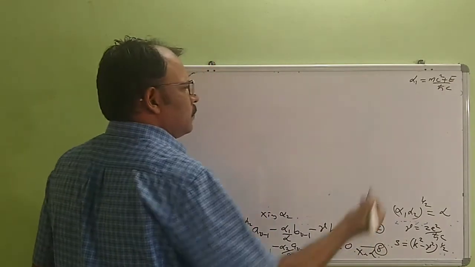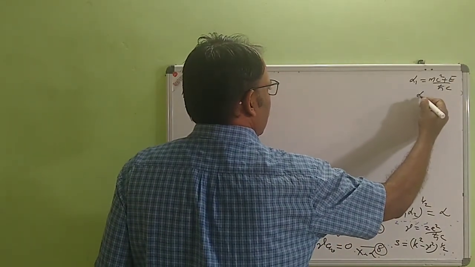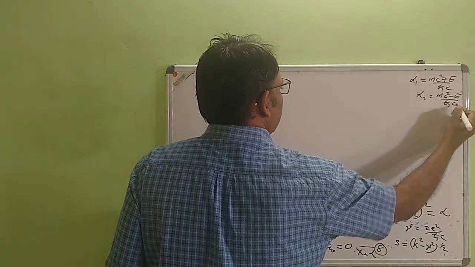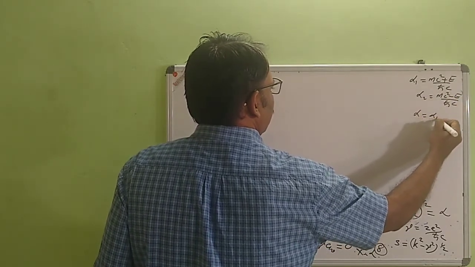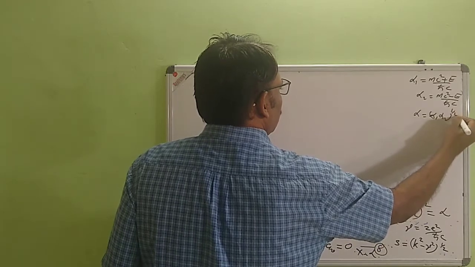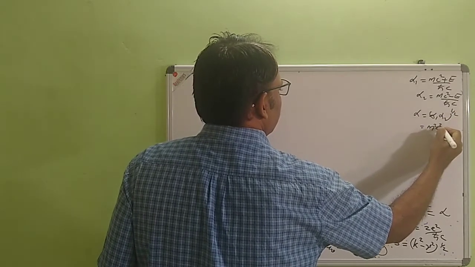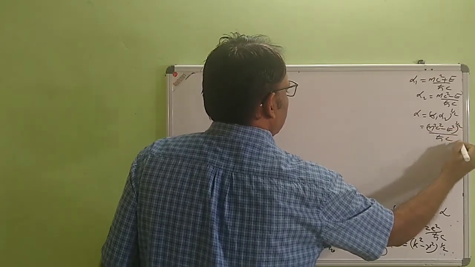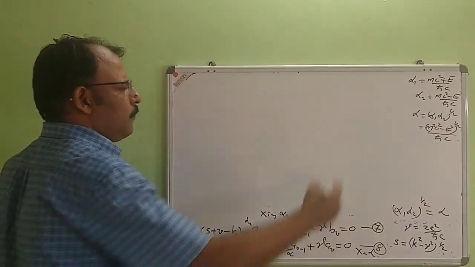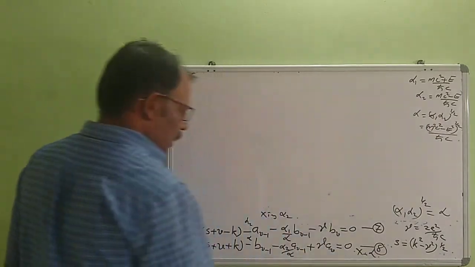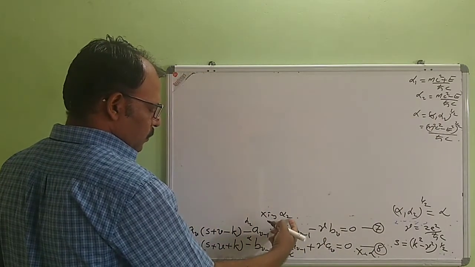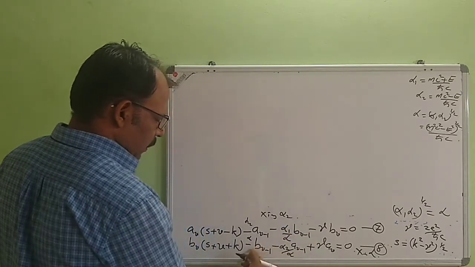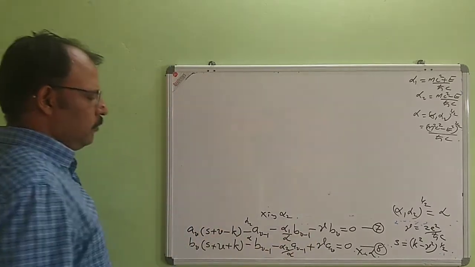Alpha 1 is MC square plus E by H bar C. Alpha 2 is MC square minus E by H bar C. Alpha is alpha 1 alpha 2 raised to 1 by 2. We got it as M square C square minus E square, the whole raised to 1 by 2, by H bar C. So this is alpha. So alpha 1 alpha 2 is alpha square, and alpha square by alpha is alpha. So alpha BB minus 1 and alpha BB minus 1, these two terms will cancel.